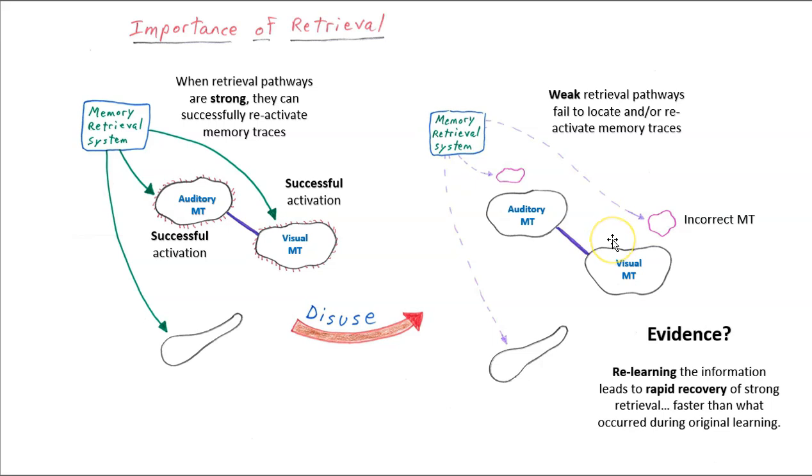But if somebody comes along and tells you that, then you quickly regain access to that information. It's as though the relearning strengthens again the retrieval pathways so that now the brain can find that information successfully like you used to do years ago.